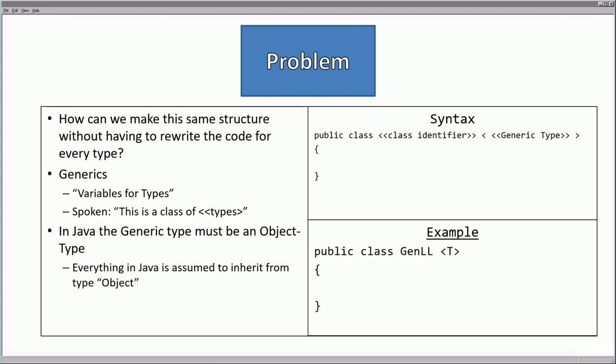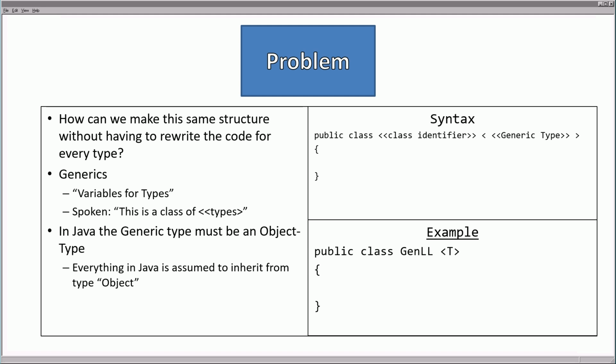For the syntax of using a generic, you would first define the class, and then after that you would use these angle brackets and then put the variable that's going to correspond to this generic type. So if we were going to define a generic linked list class, what we would do is set up a public class GenericLinkedList, and inside of the angle brackets, this is the variable T for the type.